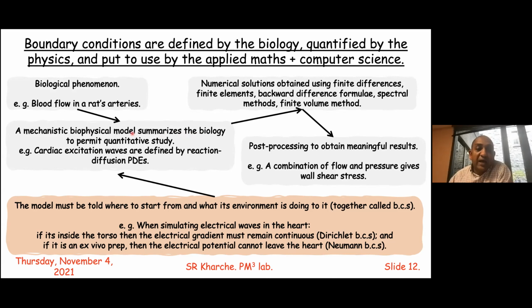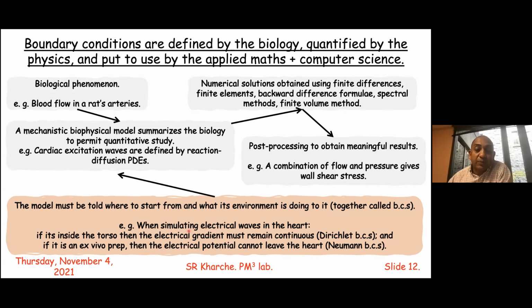As soon as you have formulated your biophysical model and summarized it in terms of the relevant maths, you are then ready to describe the biology quantitatively, but not before you assign a whole bunch of relevant boundary conditions as shown in the pink box at the bottom of the slide.